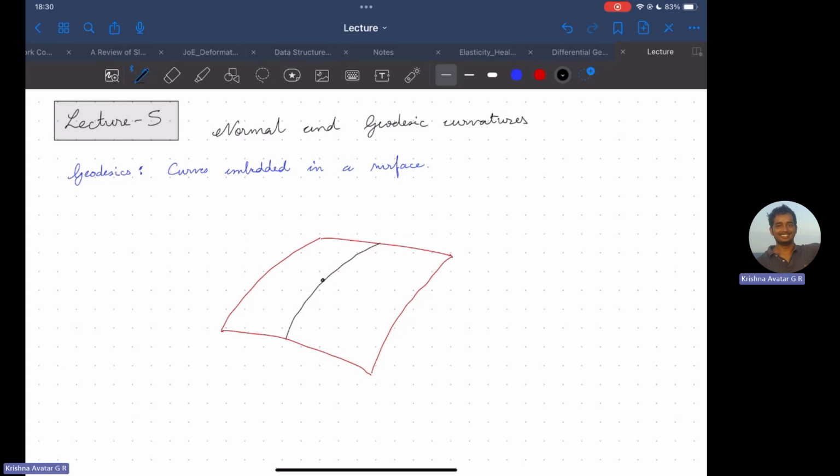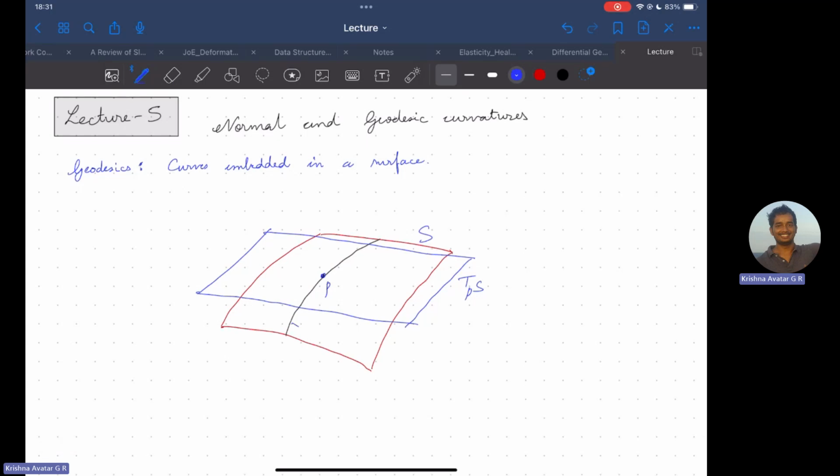And at any point, this is our tangent plane. So this is point P, this is our TPS, and this is the surface S. And this is some curve. This is a curve which is gamma vector, right?